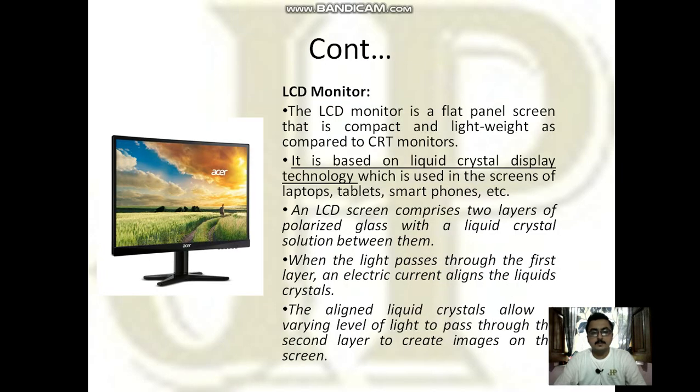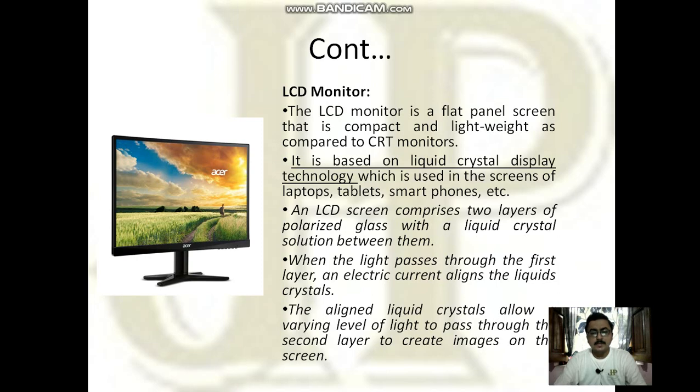The next type is the LCD monitor. It is a flat panel screen and lightweight as compared to a CRT monitor because of the flatness. It is based on liquid crystal display technology that is mostly used in laptops, tablets, smartphones, etc. An LCD screen comprises two layers of polarized glass with a liquid crystal solution between them.